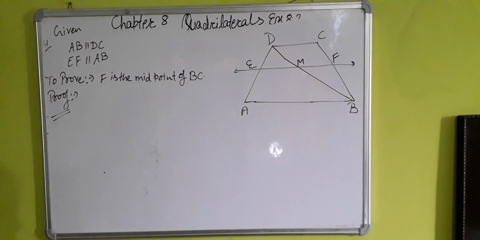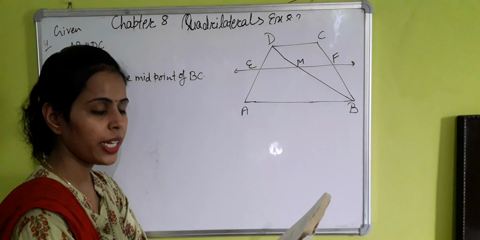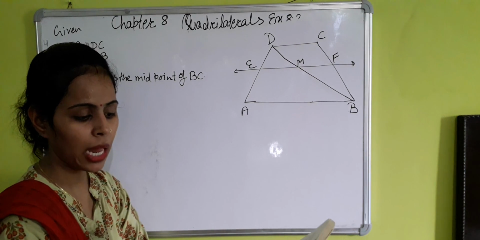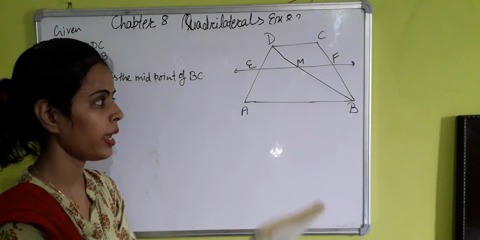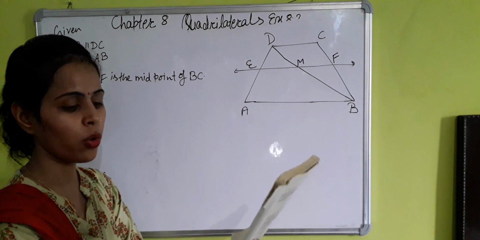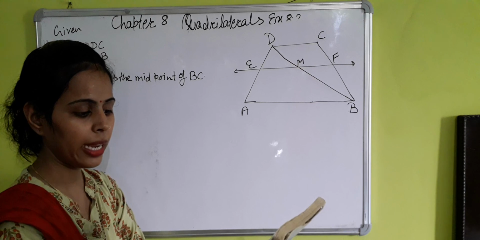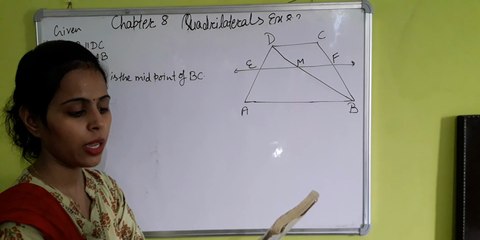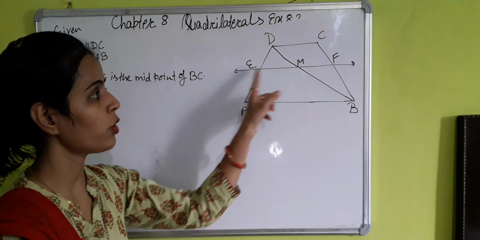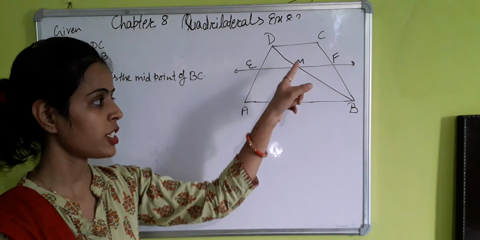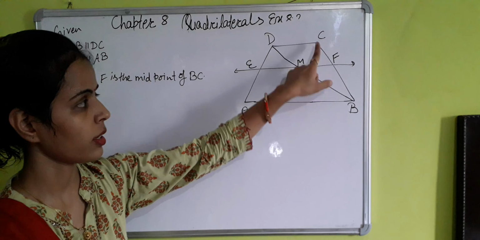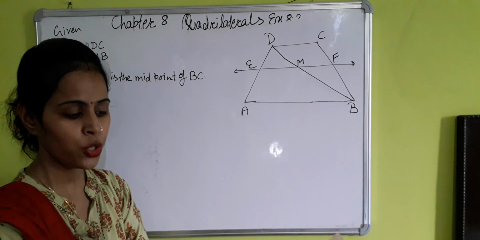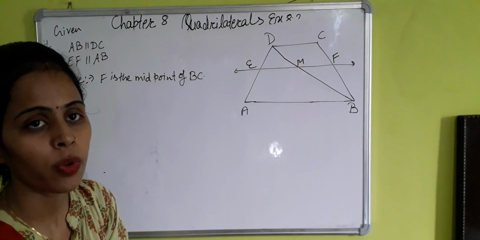Question number 4. ABCD is a trapezium in which AB is parallel to DC, BD is a diagonal, E is the midpoint of AD. A line is drawn through point E parallel to AB and intersects BC at F. Show that F is the midpoint of BC.